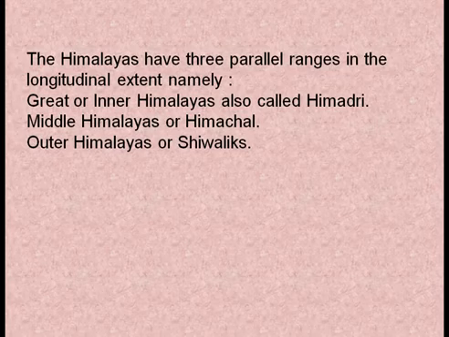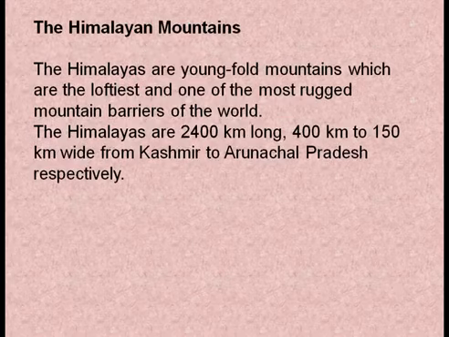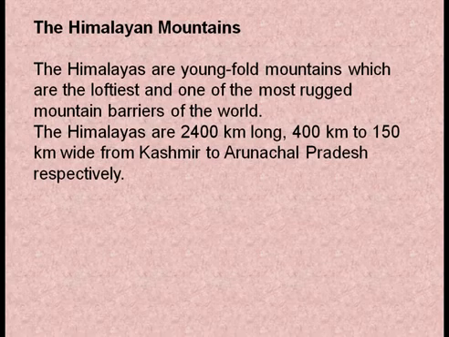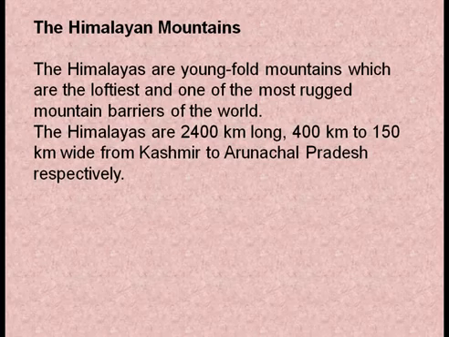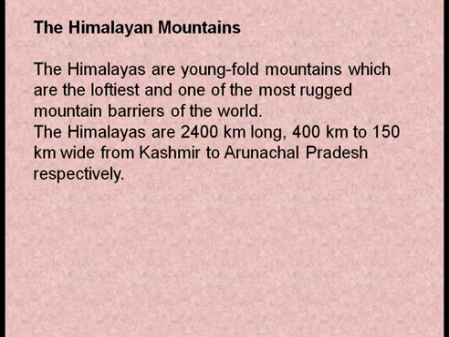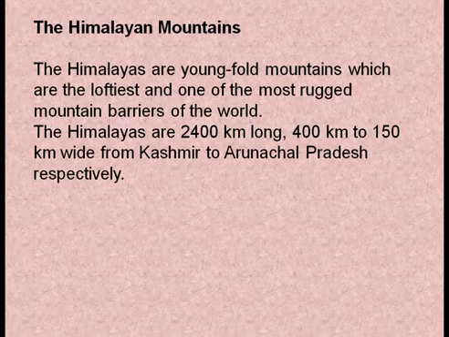Next, write a short note on Himalaya mountain, if the question appears like that. You have to mention all the facts about the Himalaya plus its physiographic division. Next, the length and breadth of the Himalayas from this area to that.